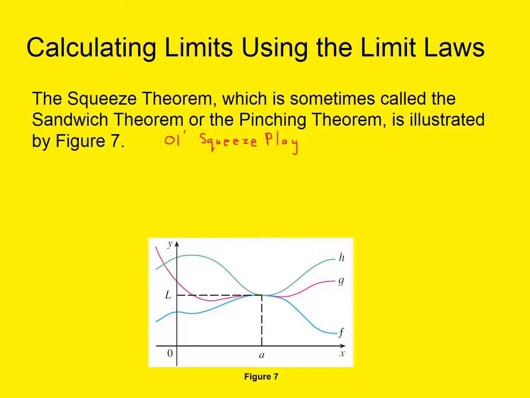The limit as x approaches a of g of x had to be L, because that's what it was for h and f, and g is squeezed between f and h, since one of the conditions of the squeeze theorem is that f of x is less than or equal to g of x is less than or equal to h of x.